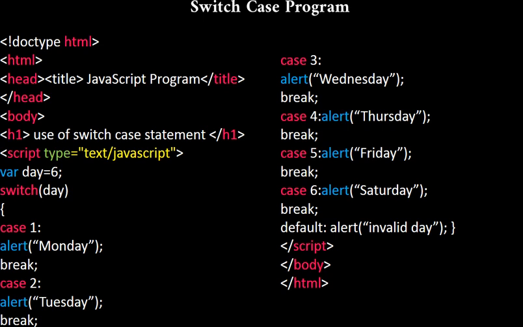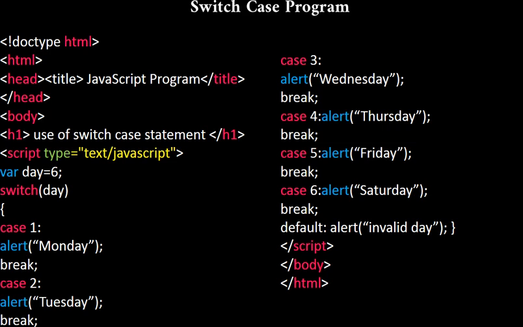If your condition matches the variable day, then the first result will be displayed. If the condition does not match, then the switch statement will go to the second case value. So again you have to use the same alert function and print the next day, then again give the break.